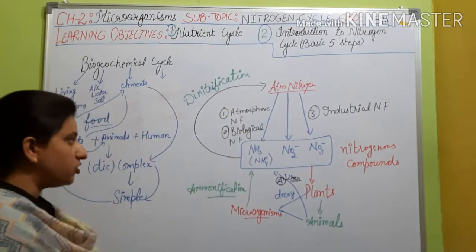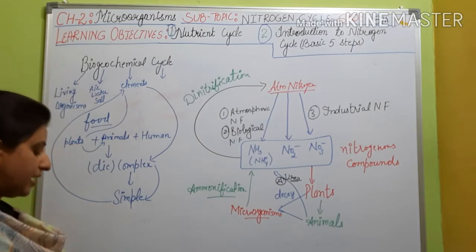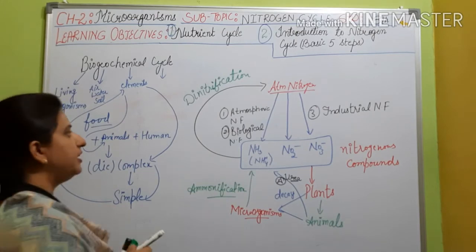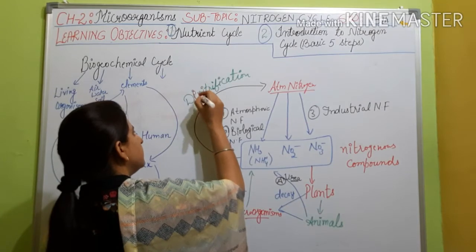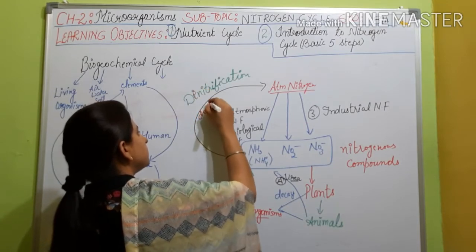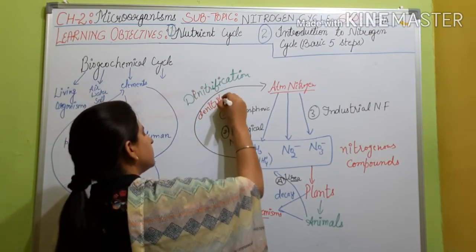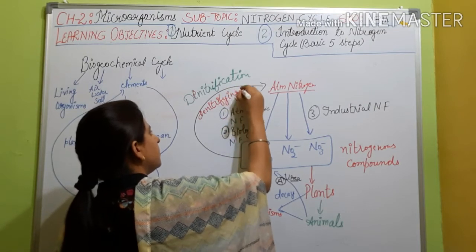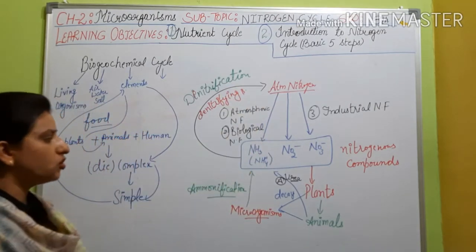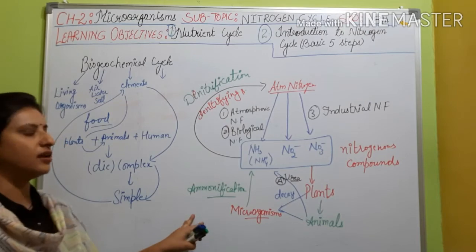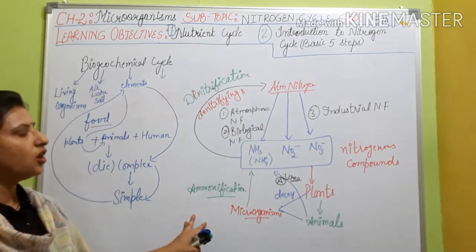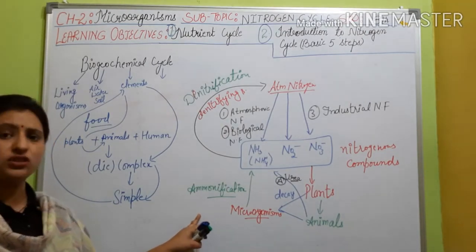And denitrification is going on with the help of bacteria called denitrifying bacteria. So this is a simple outline, or you can say an introduction, of the nitrogen cycle.